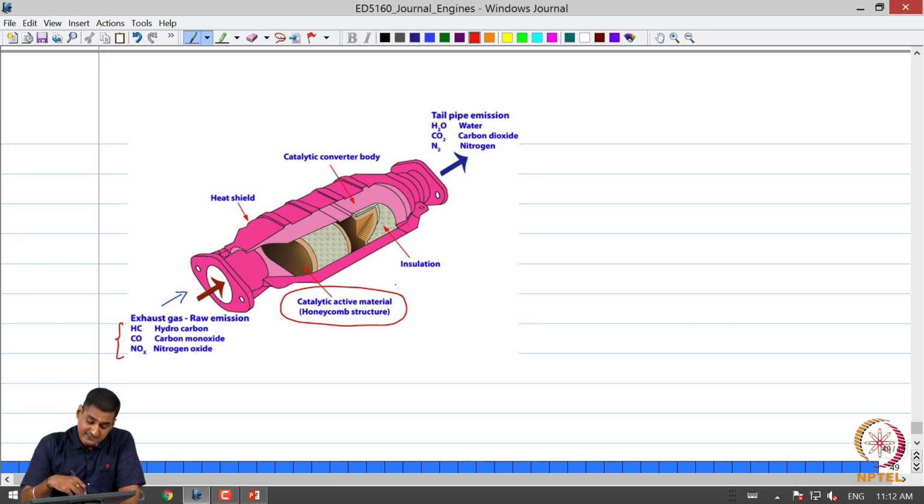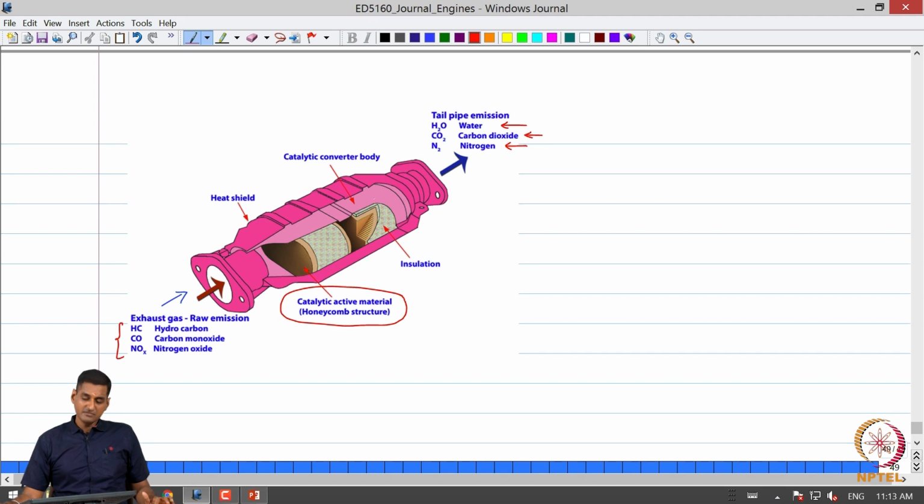As the exhaust gas passes through these passages, ideally the carbon monoxide is completely oxidized to carbon dioxide, the unburned hydrocarbon is completely oxidized to water vapor and carbon dioxide, and NOx should be reduced to nitrogen. That should be the ideal byproduct of a catalytic converter.